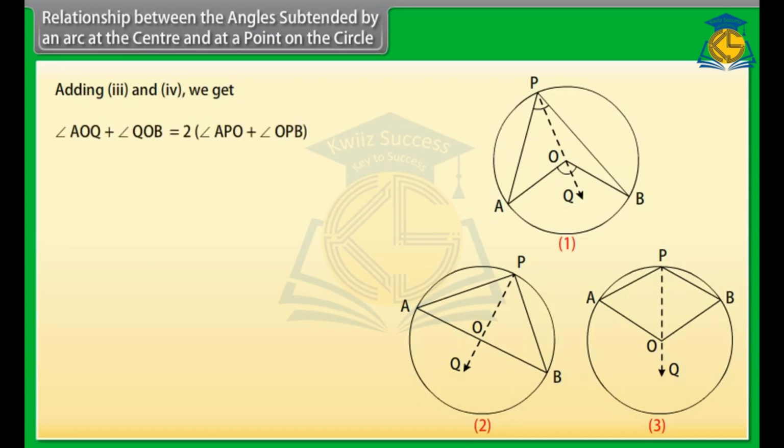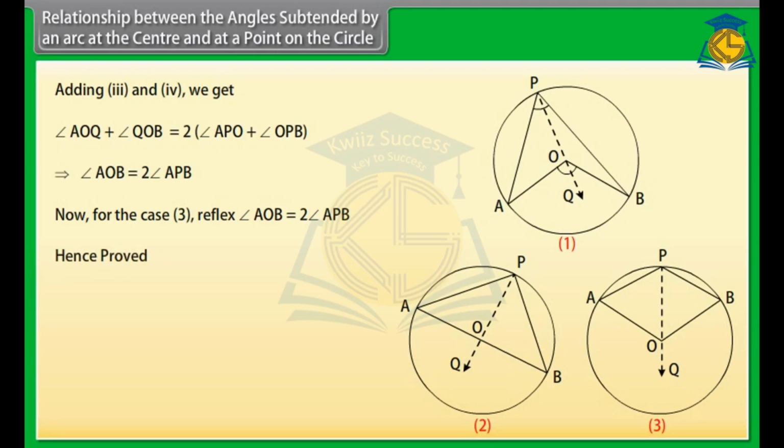Adding 3 and 4, we get angle AOQ plus angle QOB is equal to 2 into angle APO plus angle OPB. Similarly, angle AOB is equal to 2 angle APB. Now for case 3, reflex angle AOB is equal to 2 angle APB. Hence proved.